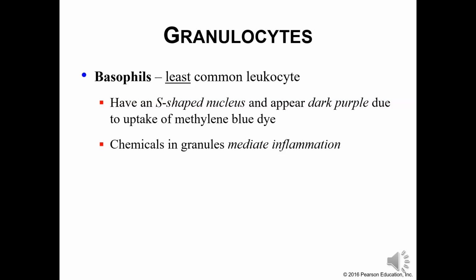They also contain chemicals like histamine in their granules, which mediate inflammation, similar to the eosinophils. You also see a high number of basophils in patients that have been treated with ionizing radiation, a condition called radiation sickness.